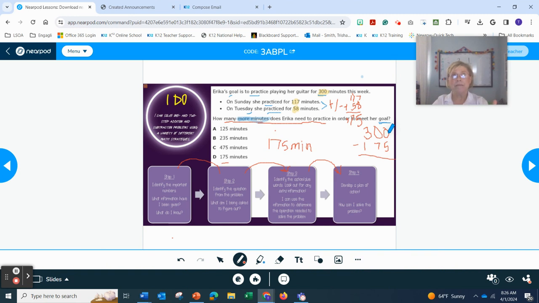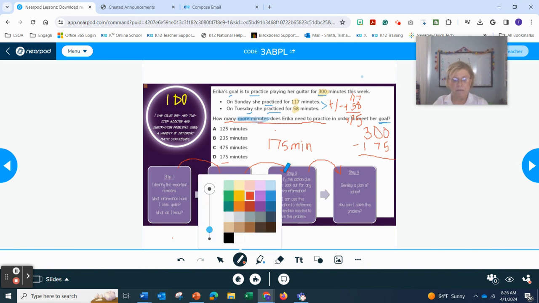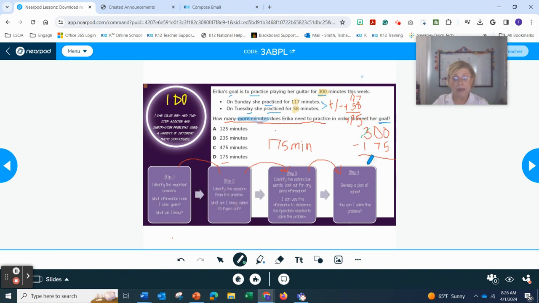0 minus 5. Can I do that? No. Unfortunately, we're going to have to go next door to our tens group. Can I borrow anything from our tens? Unfortunately, we can't again. I'm going to change my pen color. So we go over to the hundreds. Can I borrow from the hundreds? Yes, I can. So I'm going to borrow one group of 100. If I'm borrowing one group of 100, I'm going to take one group of 100 from 300.